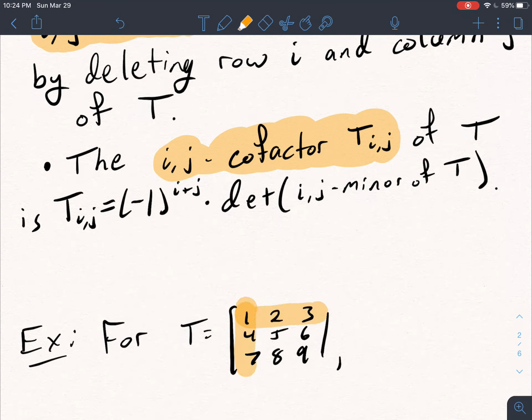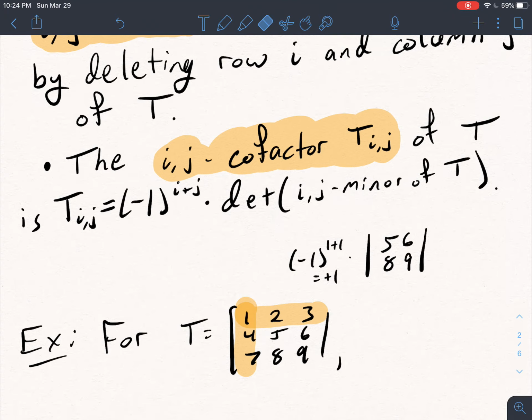We were expanding along row 1, and so the 1, 1 cofactor of this matrix was -1 to the 1 plus 1 times the determinant of the 1, 1 minor, which was 5, 6, 8, 9. And this -1 squared is equal to +1. And so that's where the alternating sum started.